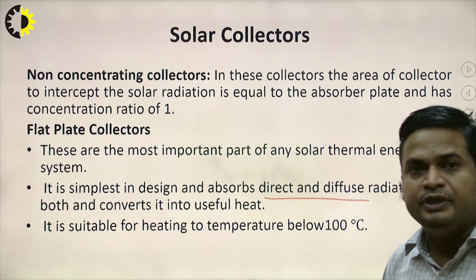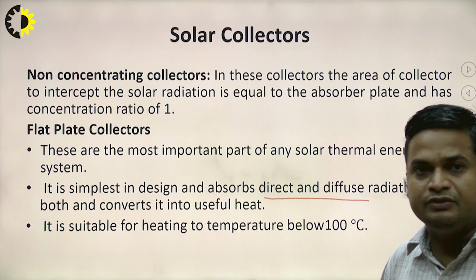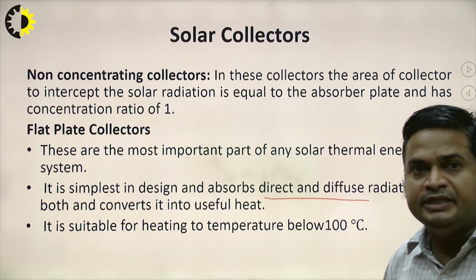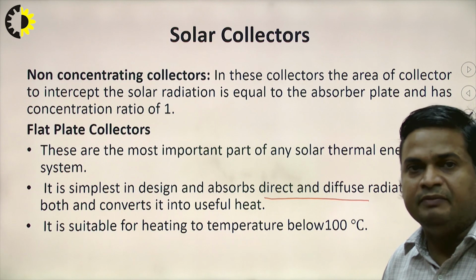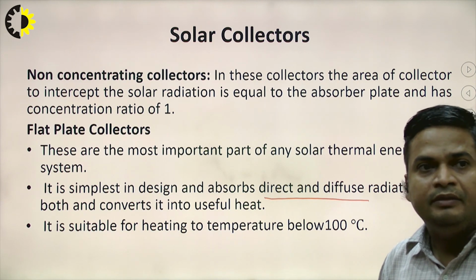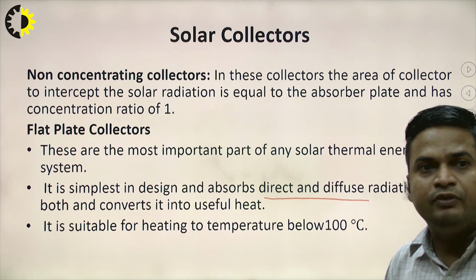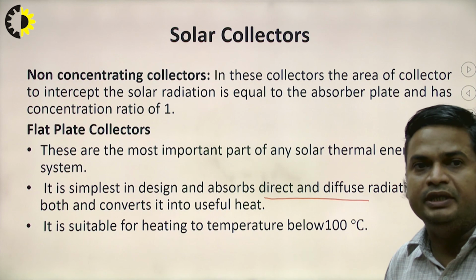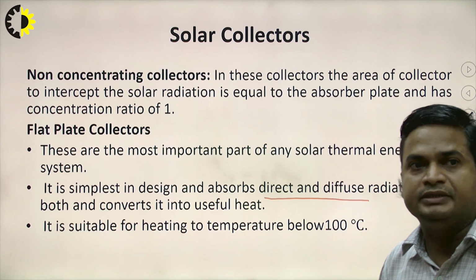But in diffuse radiations, the direction of the radiations changes continuously, and these are scattered radiations, we can say, scattered by obstacles. So both are absorbed and converted into useful heat. It is suitable for heating to temperatures below 100 degrees Celsius. That means when a temperature below 100 degrees Celsius is required, these solar collectors are used.